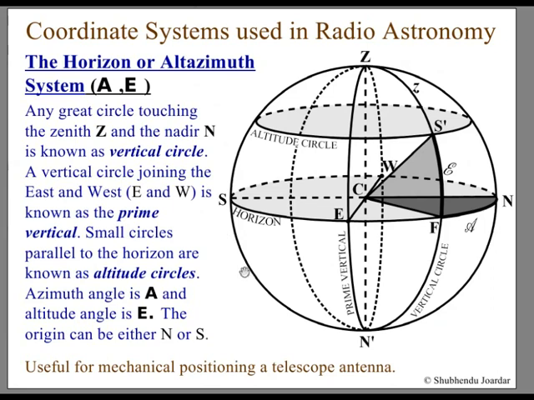Now we go to the horizon or alt-azimuth system. Of course, this is not an astronomical coordinate, because the difficulties are obvious. You will know it when you think about it.